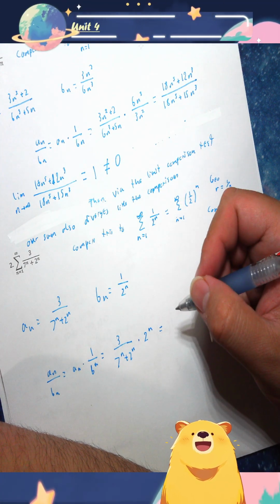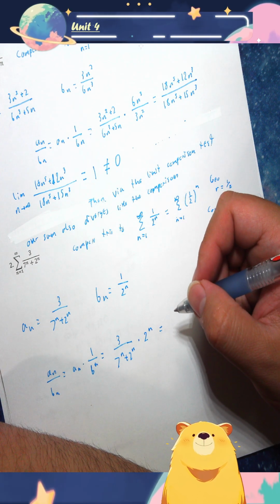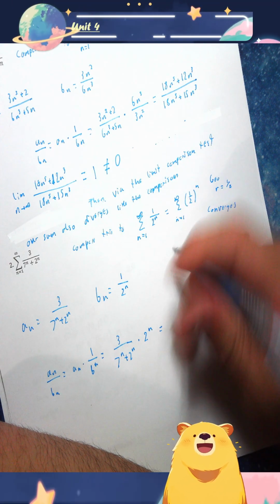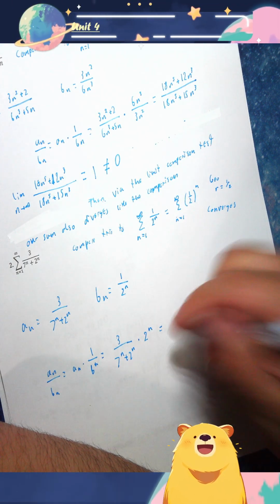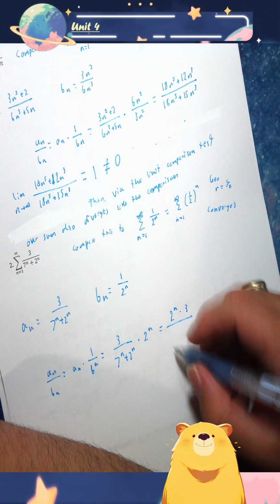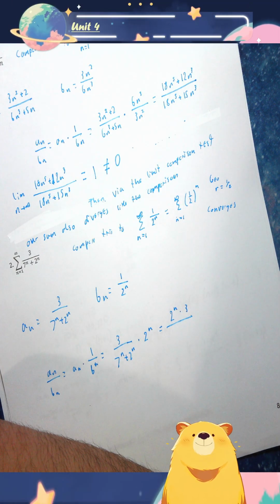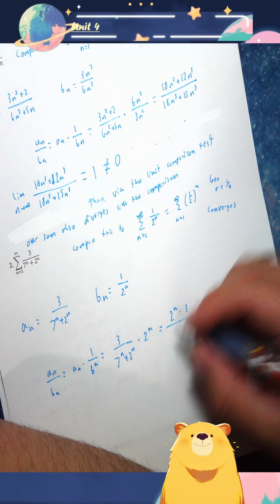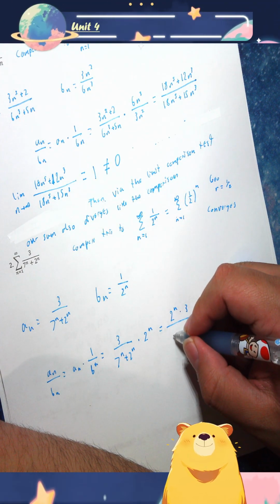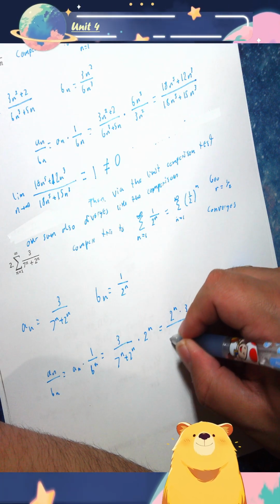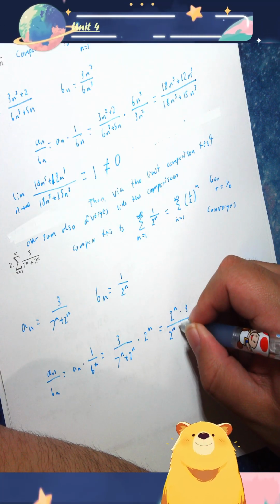I want to factor 2^n out of the bottom, so that way I can cancel out the 2^n here.